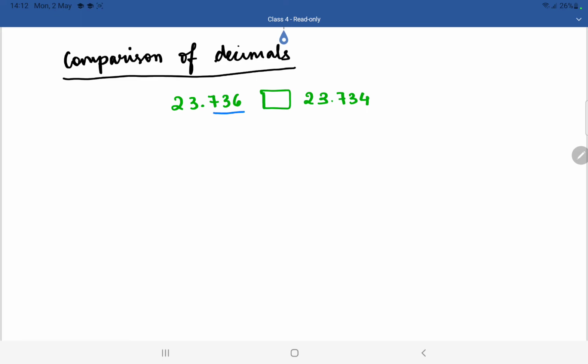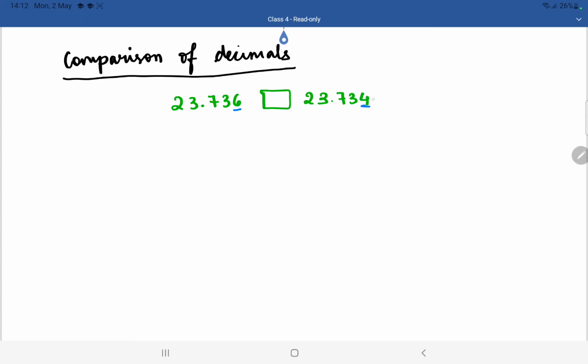Now let me see after the point. After the point, here I have 3 digits, and here also I have 3 digits. Here I have 7, here I have 7. Again I have 3, so till now both are same. Coming to this point, I have 6 here, whereas here I have 4. So which is smaller?